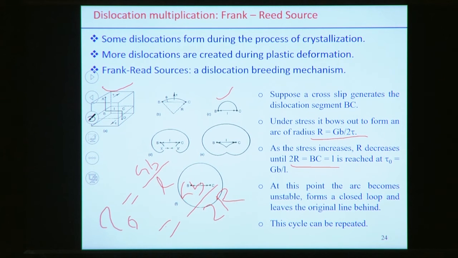At this point the arc becomes unstable with further straining, forms a closed loop, and leaves the original line behind. This is the next step. With further straining, it creates the movement of the dislocation. The line is like this, and after that it forms the closed loop, and finally it forms the closed loop.